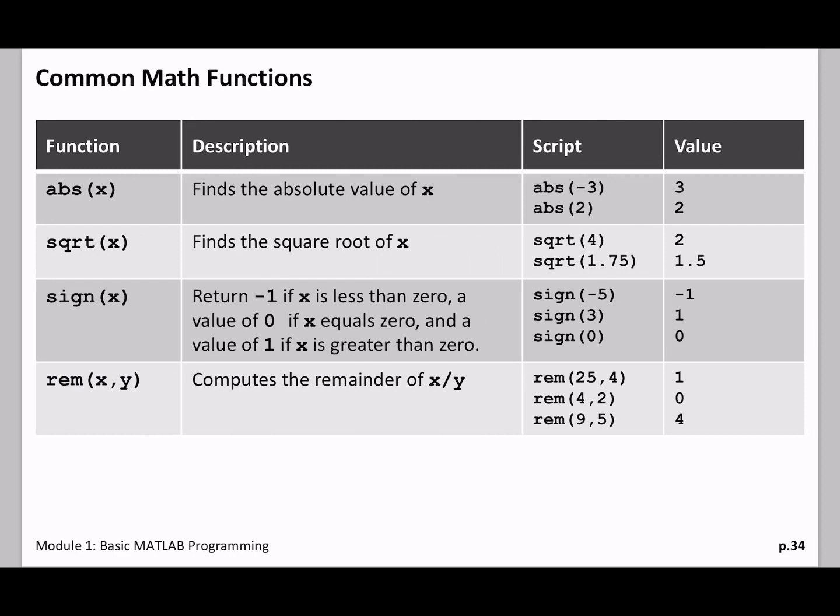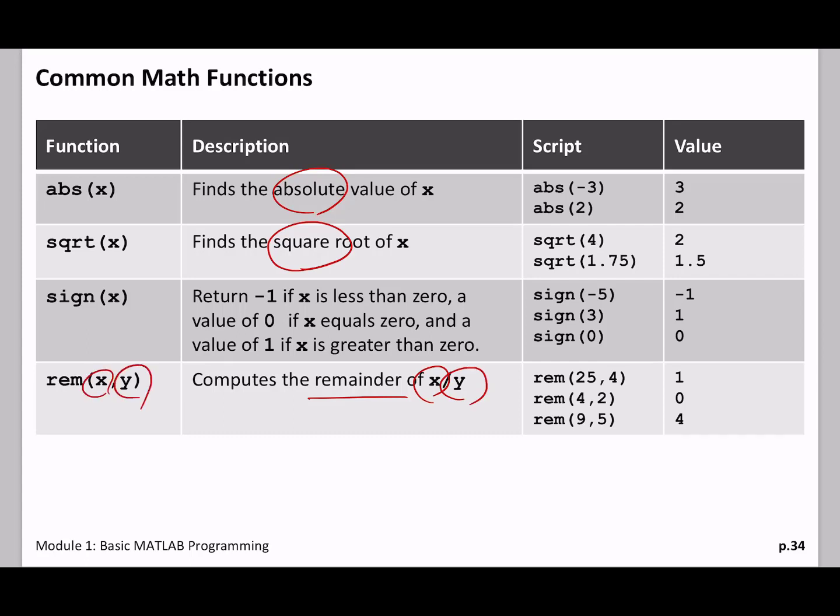These are the common math functions. Compute the absolute value, compute the square root of your input. This one finds out the sign of your input variable. These are the remainder when x is divided by y. In this case, it takes 2 input arguments.